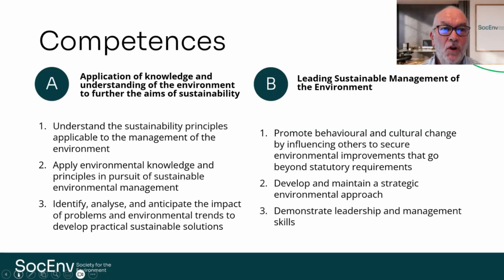There are 4 groups of competencies, 11 in total, conveniently put into these 4, A, B, C, and D. Now, the A and B competencies, they're the ones that, if they choose to, your professional body can contextualize.